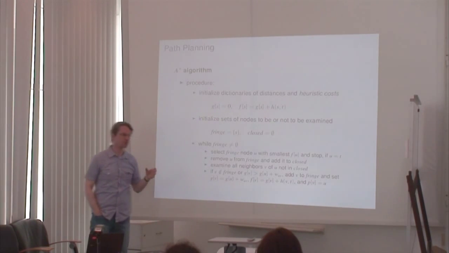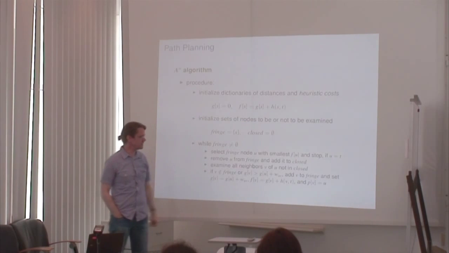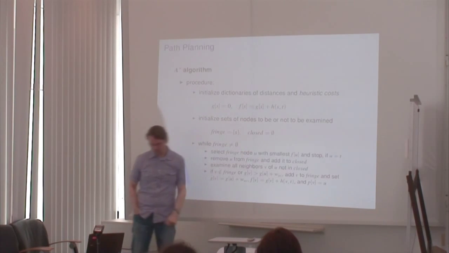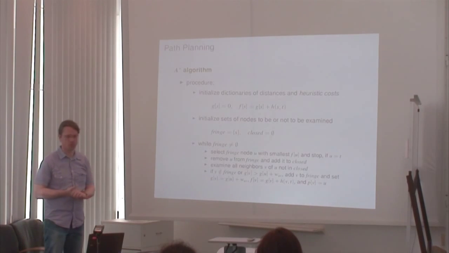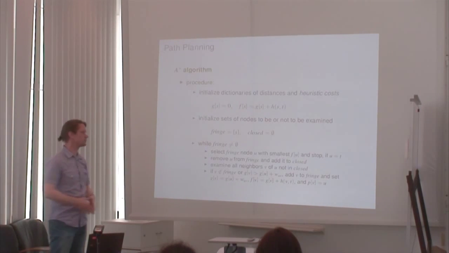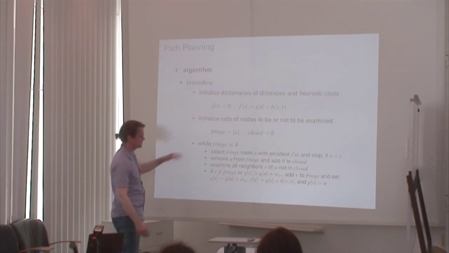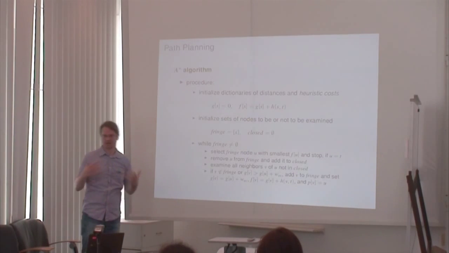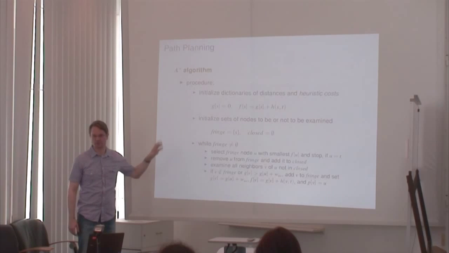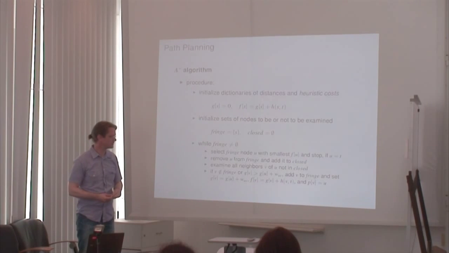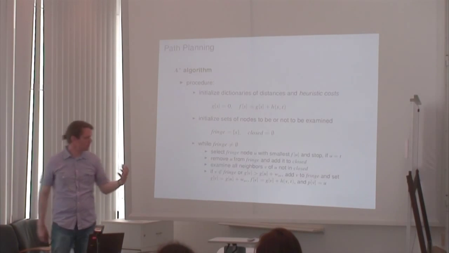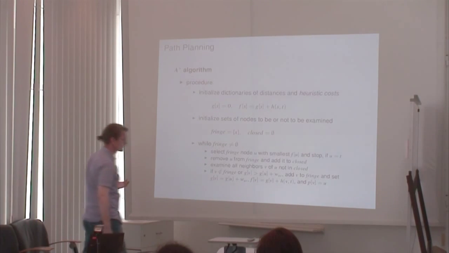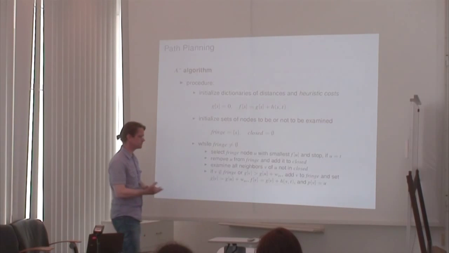This time we do not look at this dictionary G, but at this dictionary F, and we select that node from the fringe that has the smallest F value. And of course, at the very first iteration, it is obvious which node that is, because it has to be the source node. There is no other node in that dictionary here. We remove the selected node from the fringe and add it to the closed set.